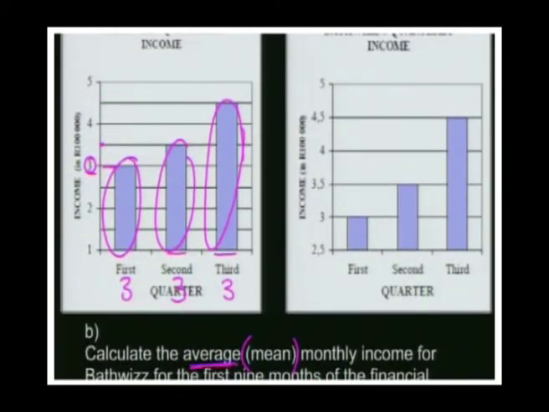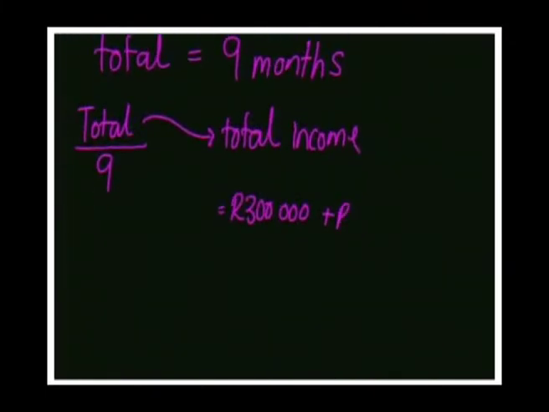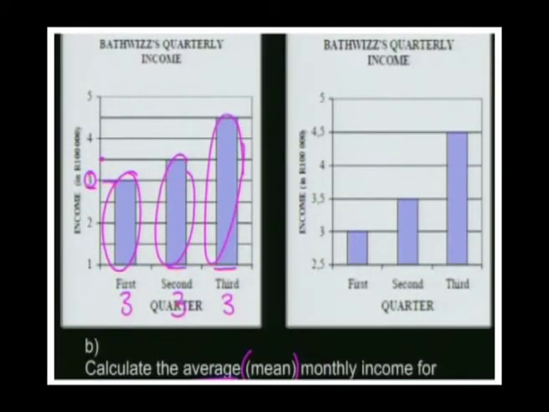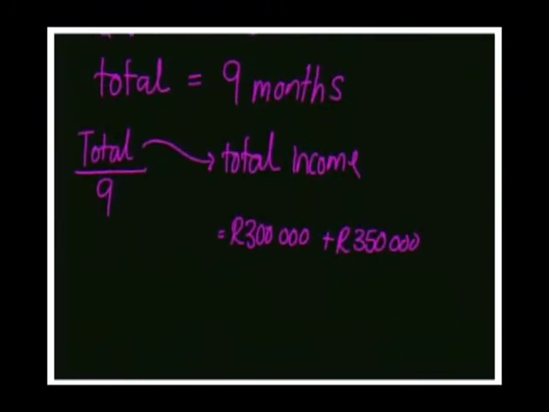It is halfway between 3 and 4, so it is 350,000. And let's look at our income for the 4th quarter. It is halfway between 4 and 5, so it is 450,000.